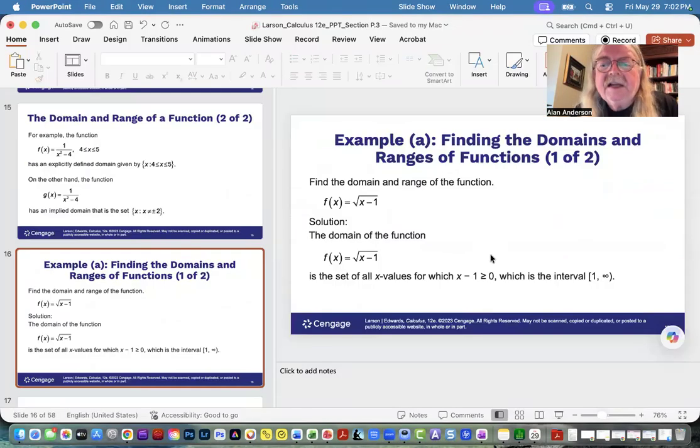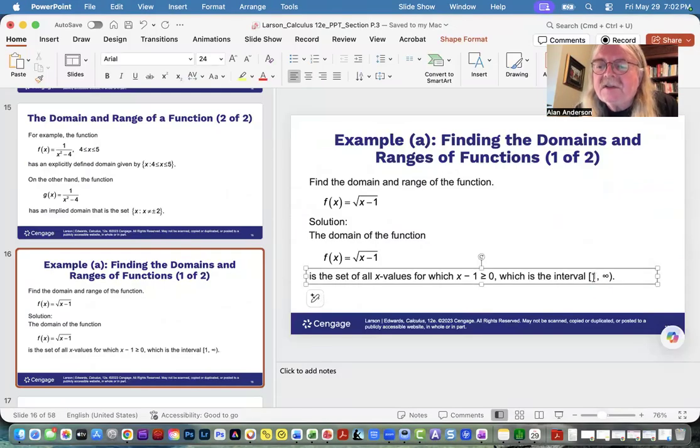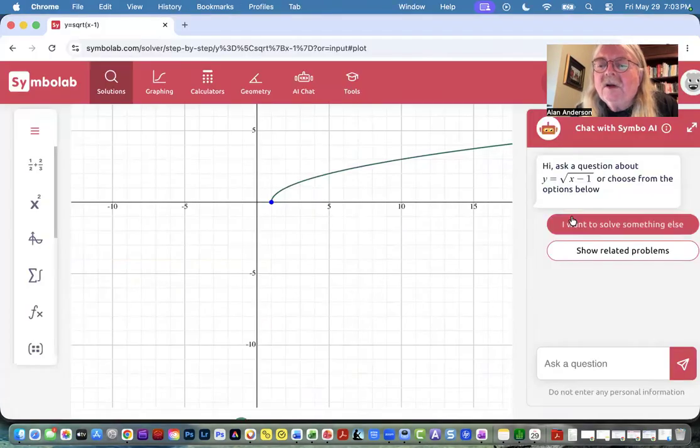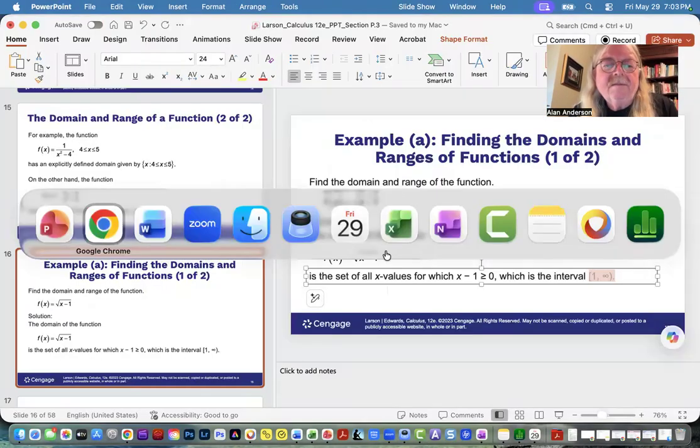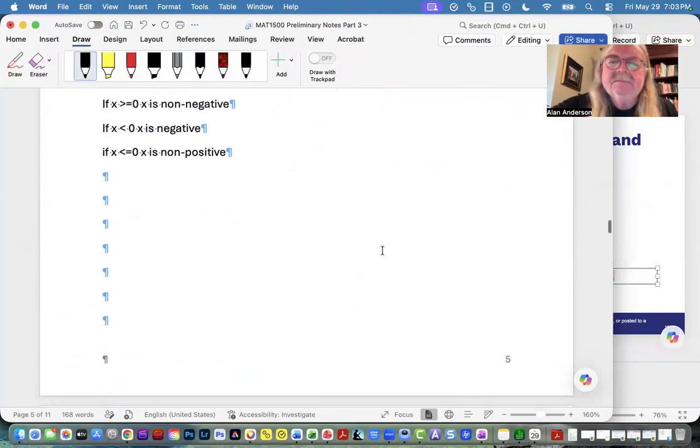So for that one, the domain, and you can see they're using this notation, is everything from 1 up to infinity, including the 1.